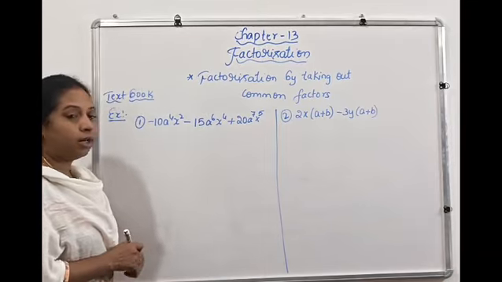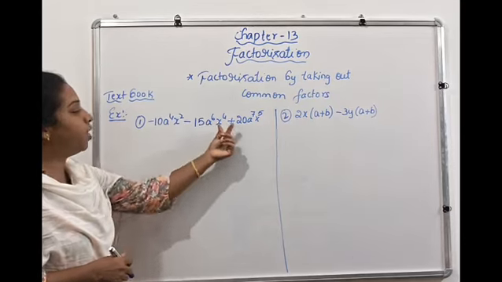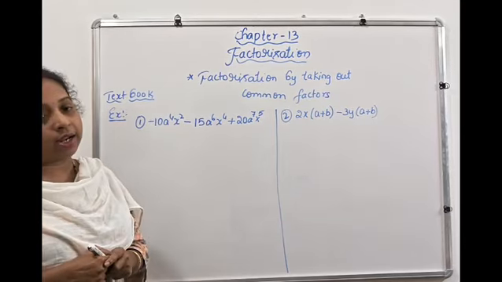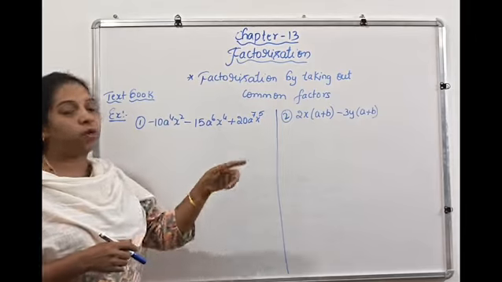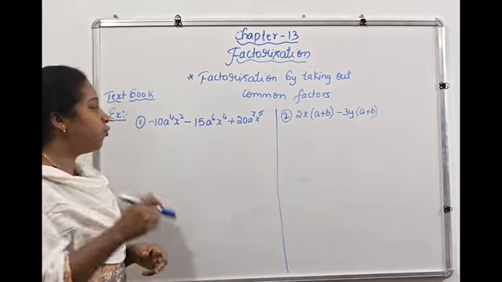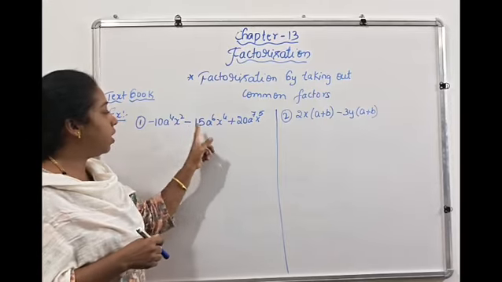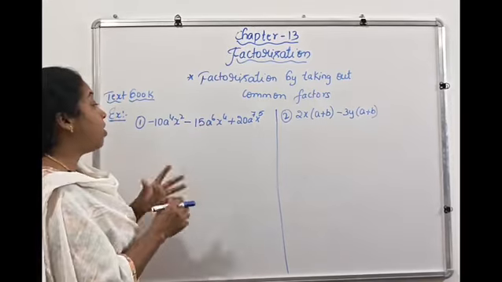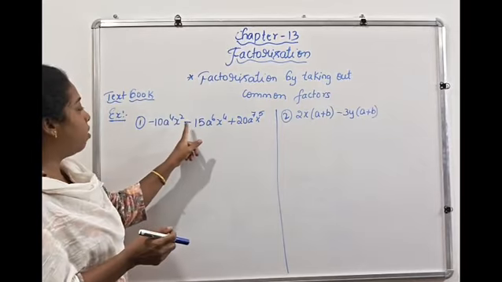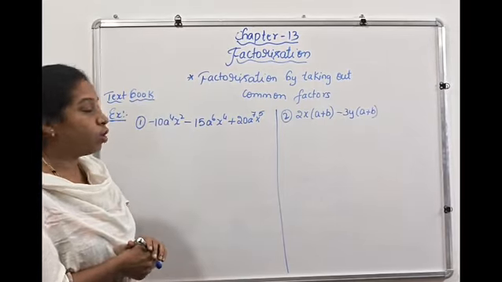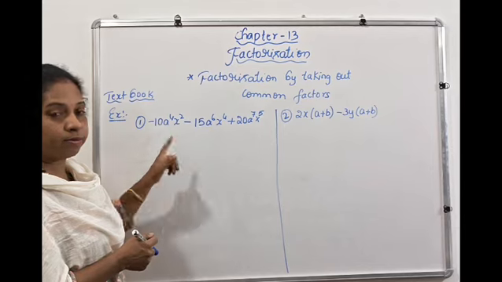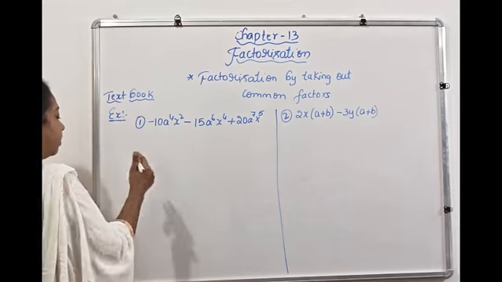Fine, let's come to the point. So here 10, 15, 20: which number can divide 10, 15, 20? Yes, it's 5. Then a is common in all the terms, with the smallest power among 4, 6, 7. So which is the smallest power? First we'll go for it.